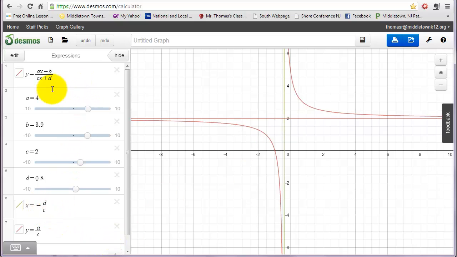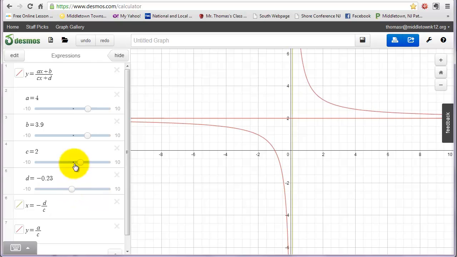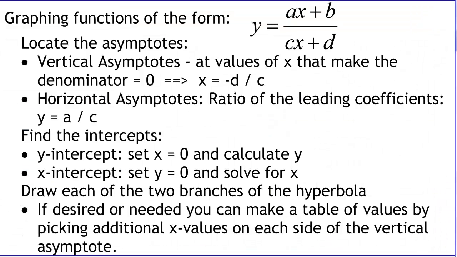And again, d will affect what makes this bottom function 0. But you can see that we have the same exact shape, this hyperbola shape. So let's look at our notes and see if we can sketch one of these by hand. So again, the procedure we're going to be talking about here is for when we have a rational function that's in this form here.